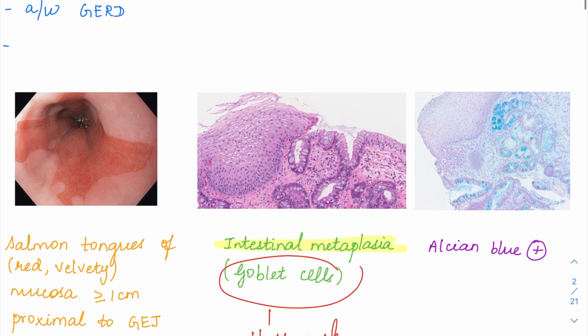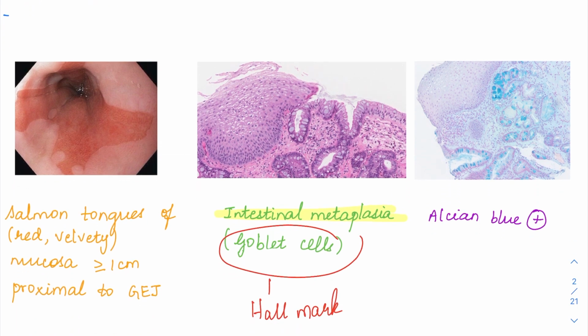So how does it look on an endoscopic image? If you put an endoscope here, all of this white area is the normal squamous lining, which produces keratin. While in this red color, tongue-like projections are seen. Doesn't it look like a tongue?